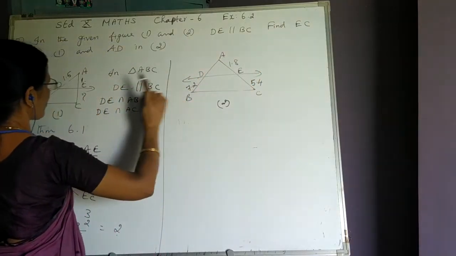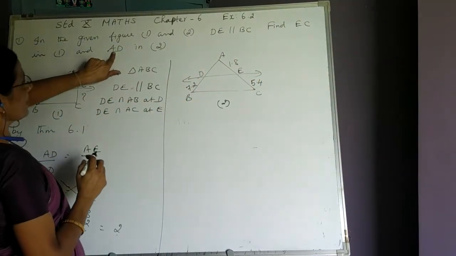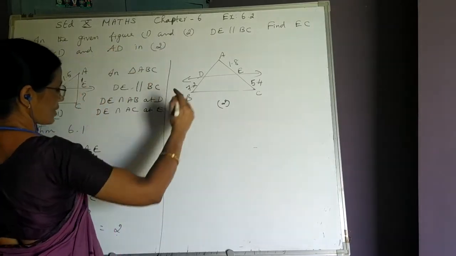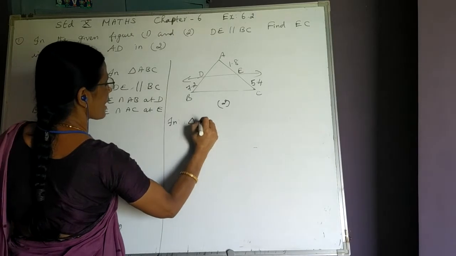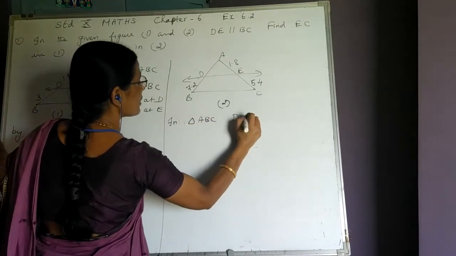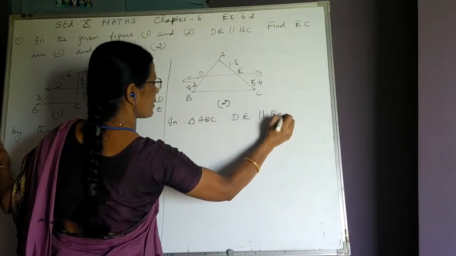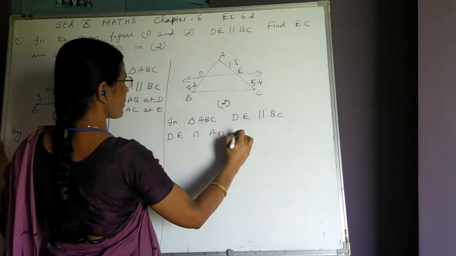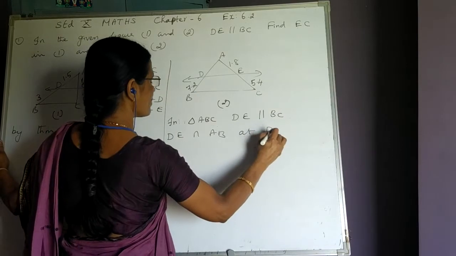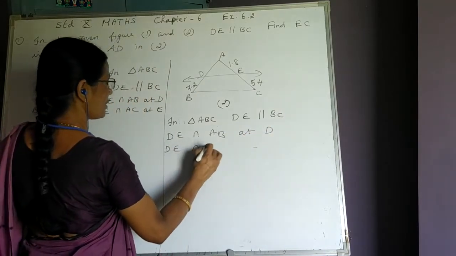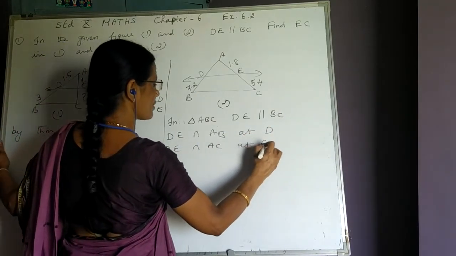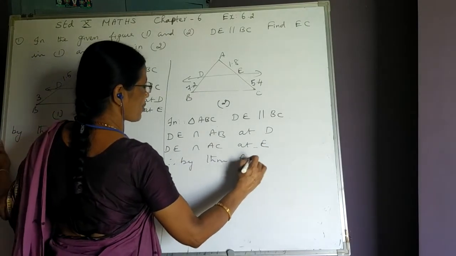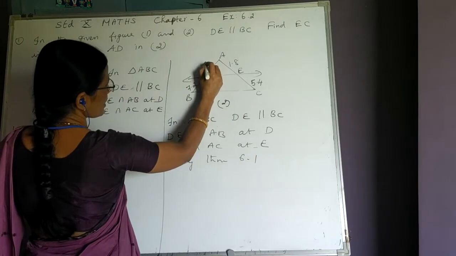Now we come to the second figure. The second figure is find AD. AD is asked. Here also the same explanation: in triangle ABC, DE is drawn parallel to BC. DE intersects AB at D and the same intersects AC at E. Therefore, by theorem 6.1. The question is find AD.